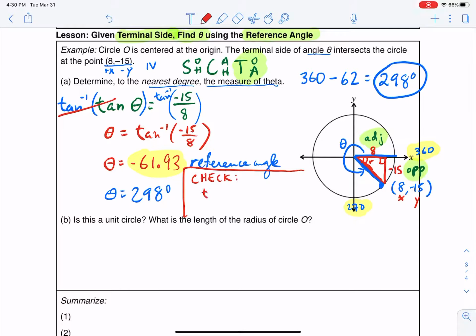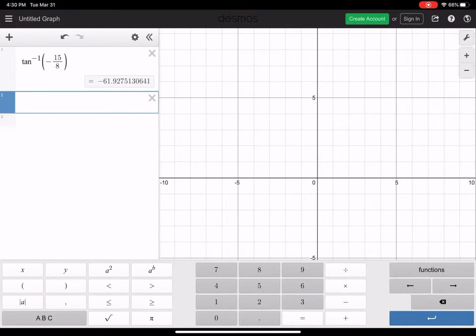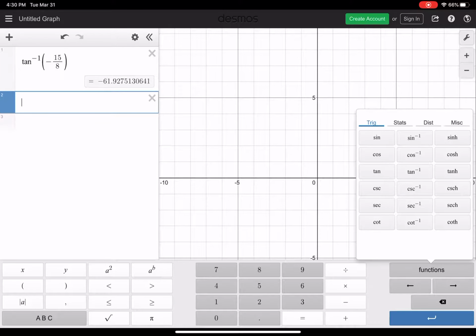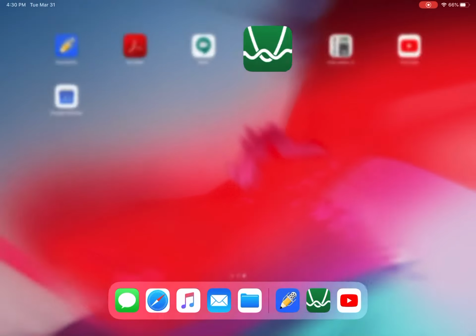What is the tangent of 298? All right, well, let's turn to our calculator. So it's negative 1.88 about.